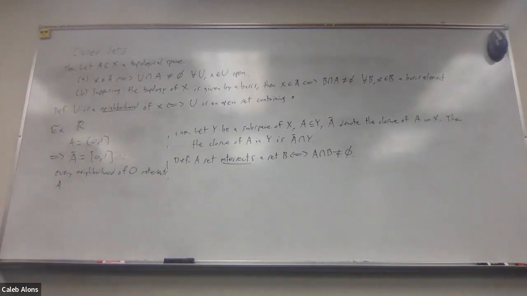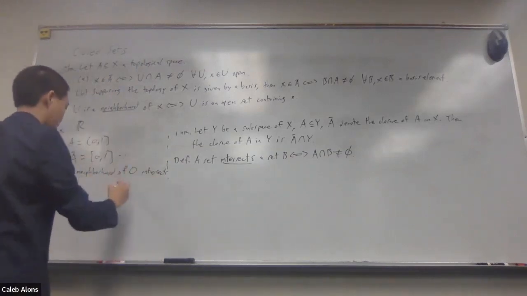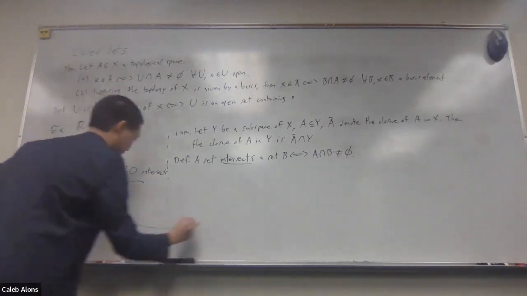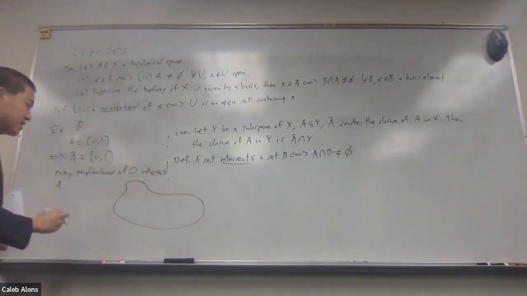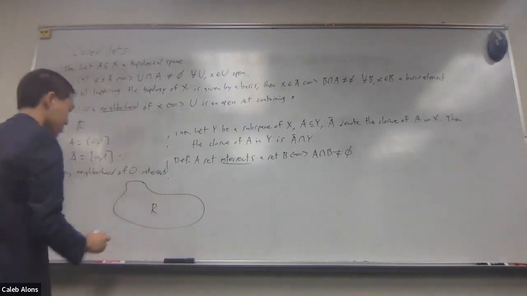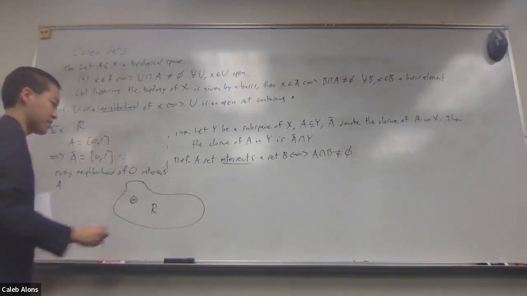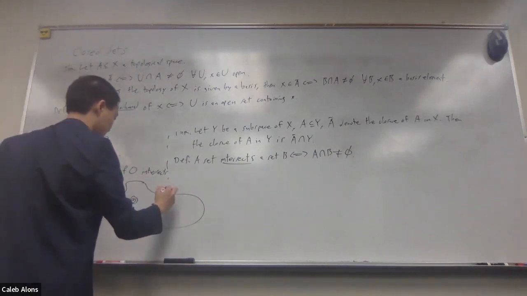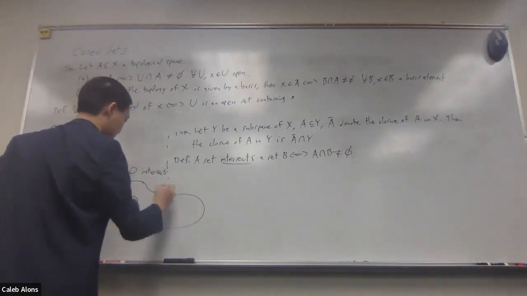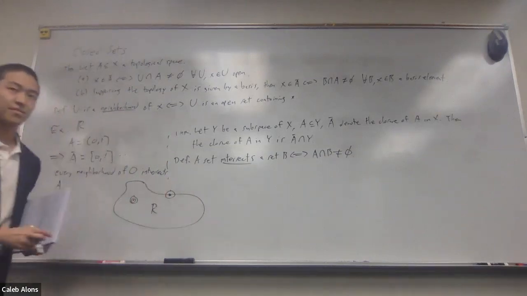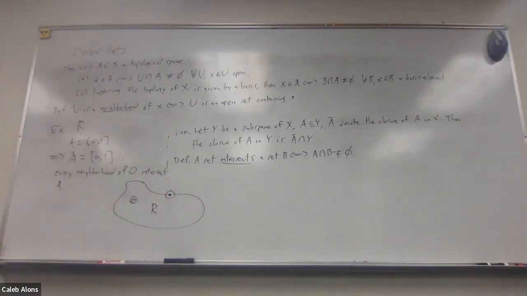They try to do this in R2 with circles. So they'll draw regions, like in Calc 3 when we talk about interior and exterior. So they'll have a region, and this point is interior because all of its neighborhoods will only contain points of the region, or this is not because there will always exist an intersection between the region and the neighborhood of that particular point. So this would be in R2.